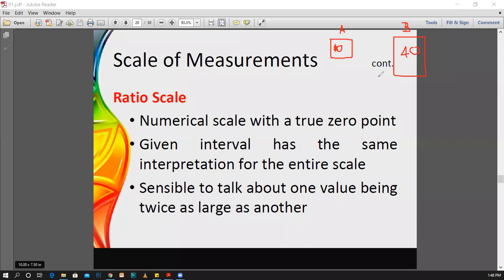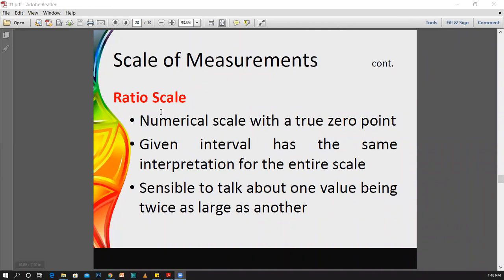Therefore, it is sensible to talk about how many times a value is larger or smaller. Likewise, if you are counting pens, you may have a quarter of the pens which I am having with me. Therefore, it is sensible to talk about one value being twice as large as another.